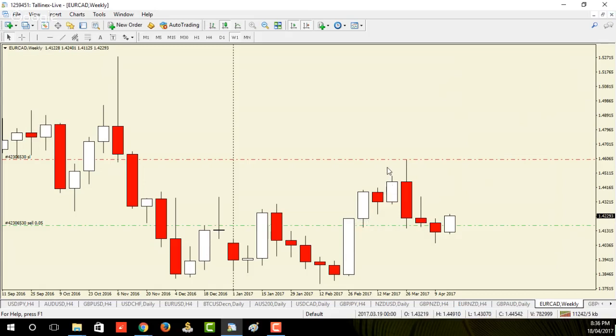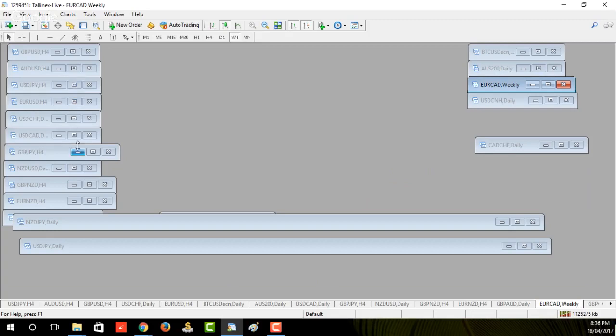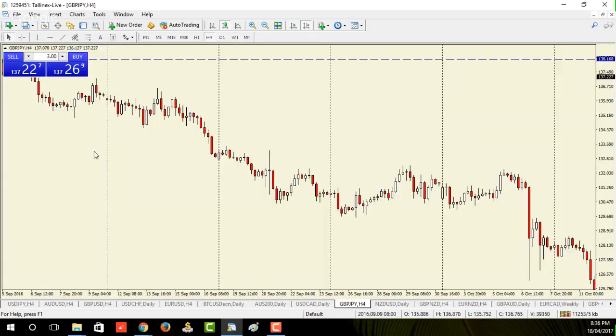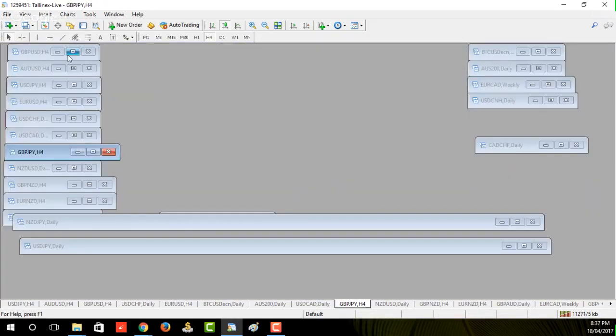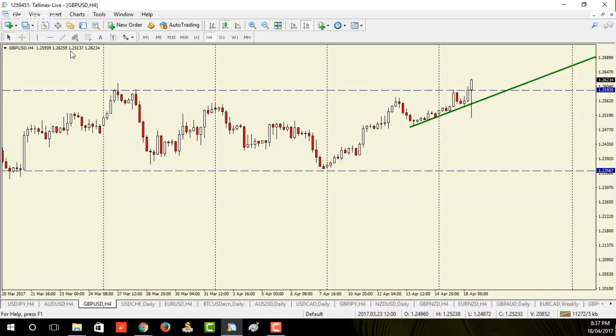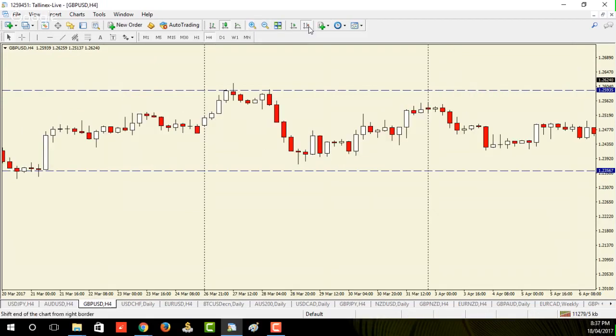weekly chart. You guys see the pound yen? No, we can look at it. Nope, we didn't see the pound yen. I think I mentioned at the beginning of the webinar that I thought the pound was going to break out and go higher, and it looks like it's doing that.